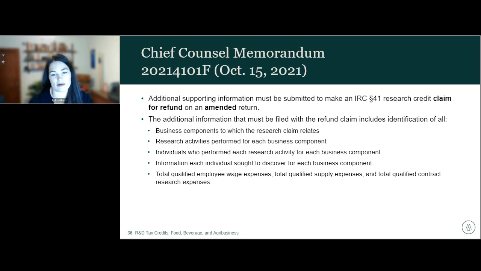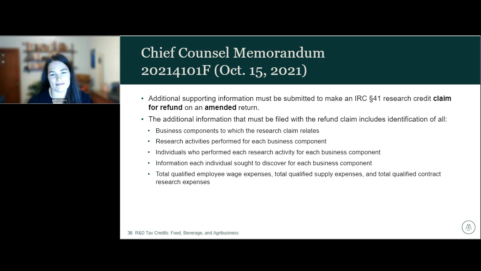However, for taxpayers that are claiming smaller research credits, this additional documentation burden, the resources required to assemble this information, or the expense incurred if you were to contract an R&D tax services provider to help you assemble this information, this could be a bit of a deterrent for you. So it's just something that we want to bring to your attention.